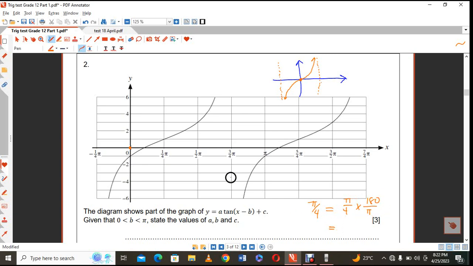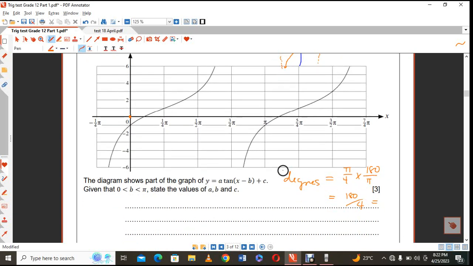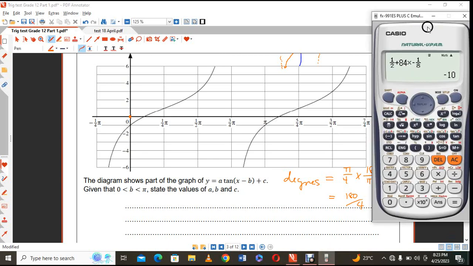So changing it to degrees, the pi is cancelled, it is 180 divided by 4, and then, well, you can say half of 90 anyway. It's going to be 45 degrees.